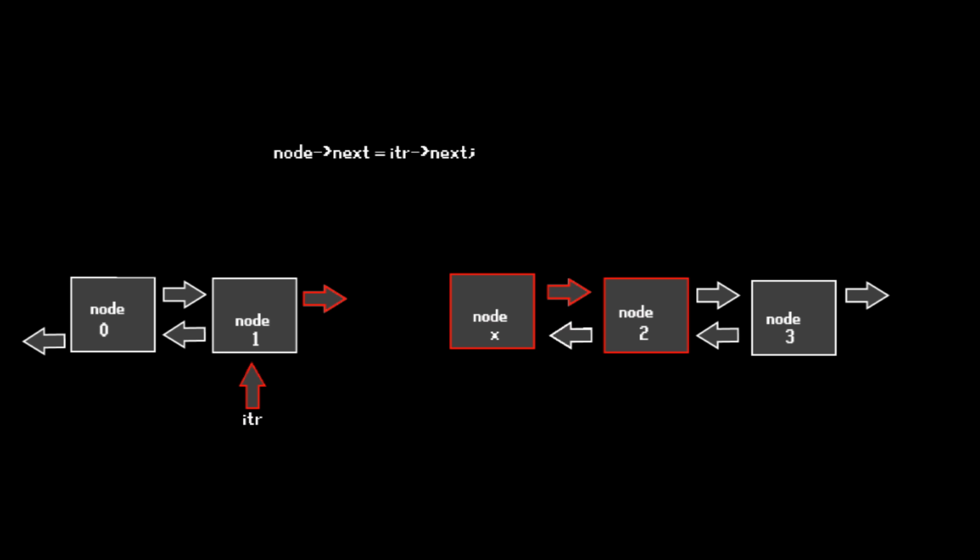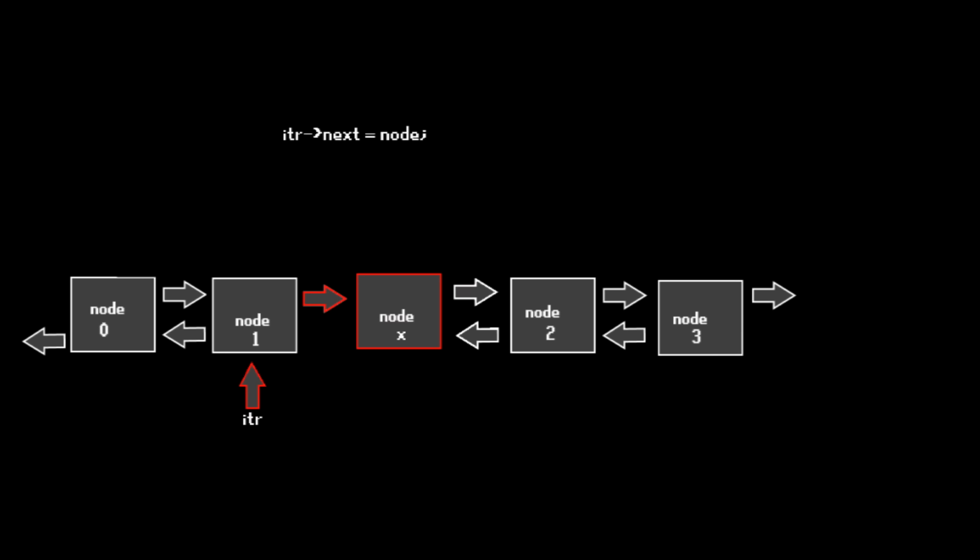We then say that the next node of the new node is the current next node of the iterating node. We can then say that the next node after the node that the iterating node is pointing to is the new node. And finally, we just have to set the previous node of the new node to be the iterating node. And this will successfully insert the new node into the list.